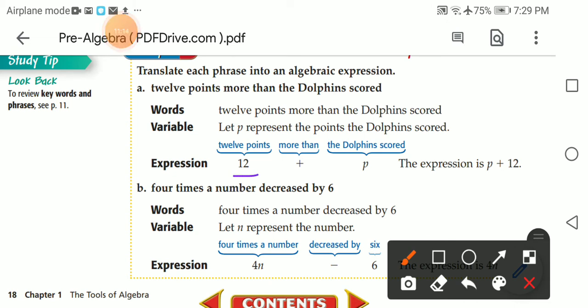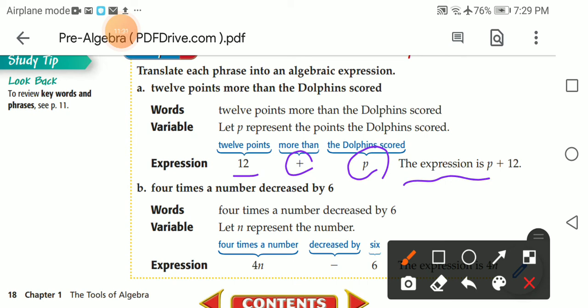More than means, in math, plus the Dolphins' score. Let the Dolphins' score be P. So the expression will be P plus 12.